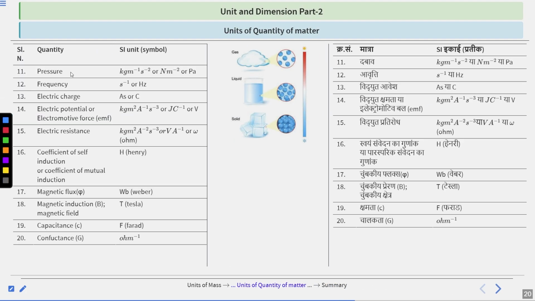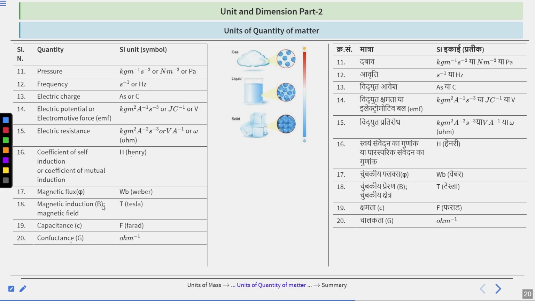Similarly, like the pressure, you can see them. Frequency, that's one. Electric charge, this one. Electric potential or electromotive force, EMF, this is. Electric resistance, you can see over here. Coefficient of self-induction or coefficient of mutual induction, Henry. Magnetic flux, Weber. Magnetic induction, magnetic field, Tesla. Capacitance, Farad.